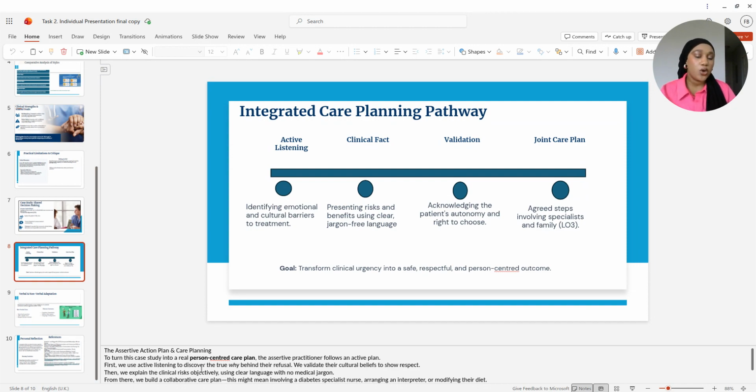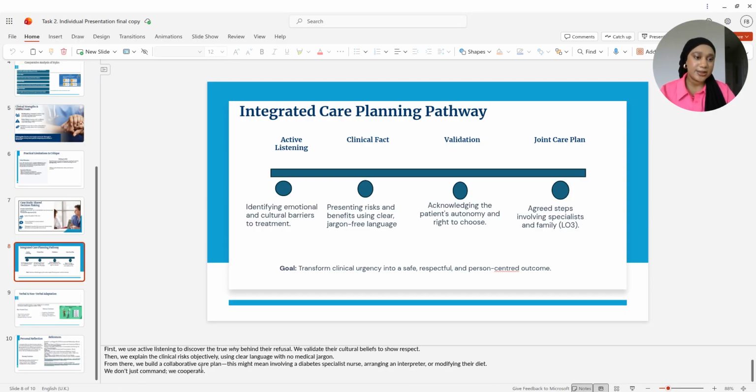We validate their cultural belief to show respect. Then we explain the clinical risk objectively, using clear language with no medical jargon. From there, we build a collaborative care plan. This might involve a diabetes specialist nurse, arranging an interpreter, or modifying their diet. We don't just command, we cooperate.